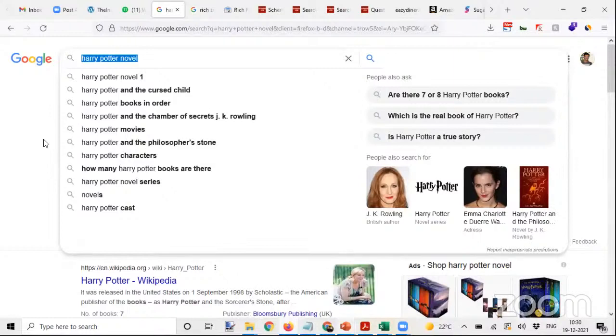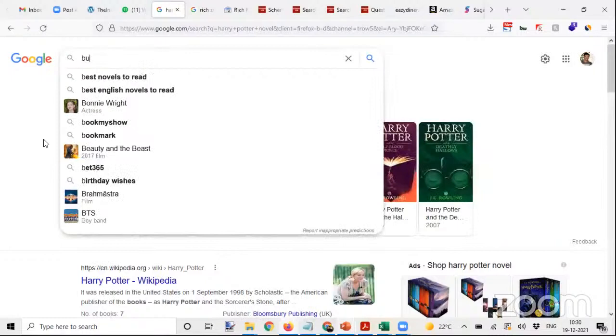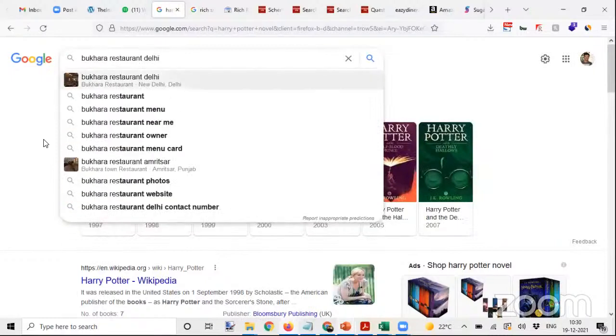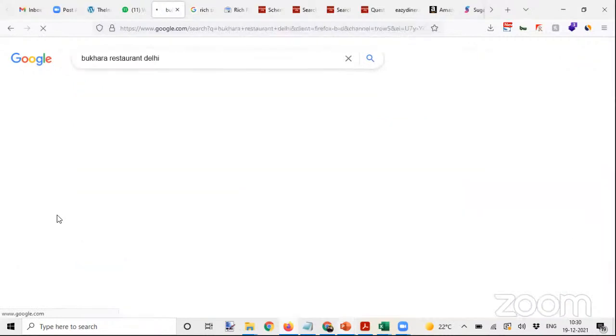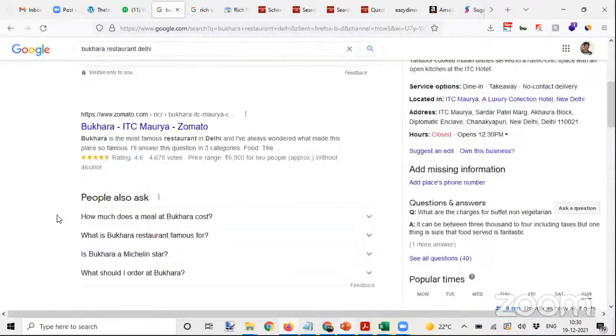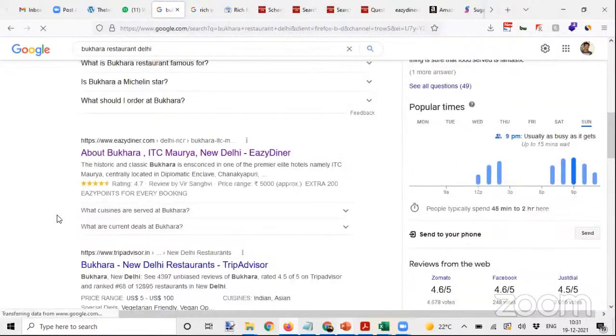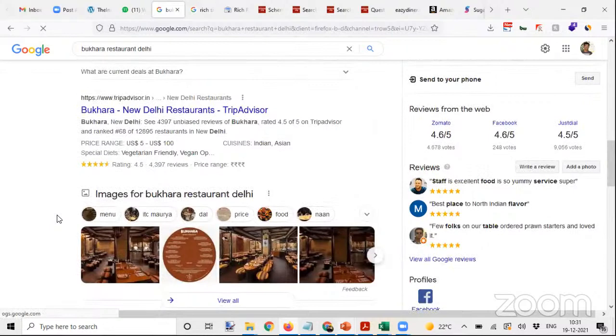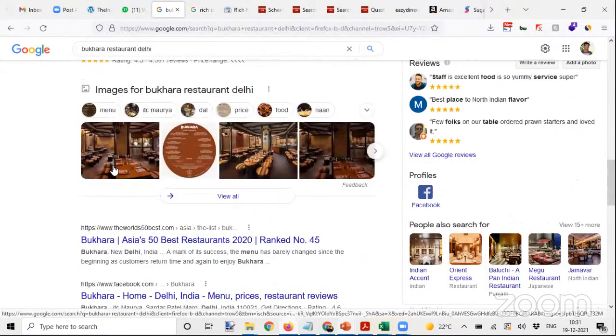Reviews can be for any restaurant, right? So you see, images had come in between, right? Which earlier would not have come.